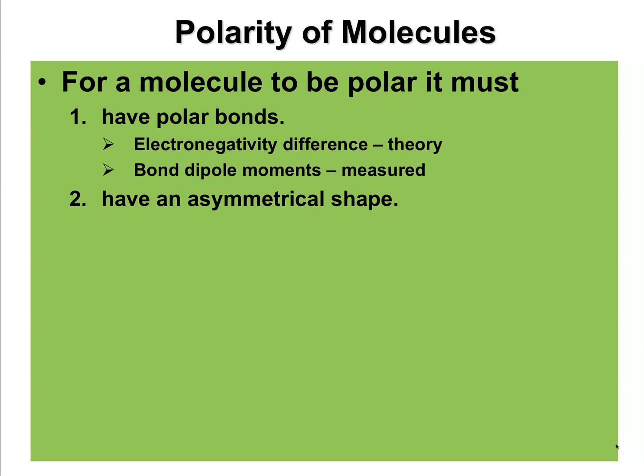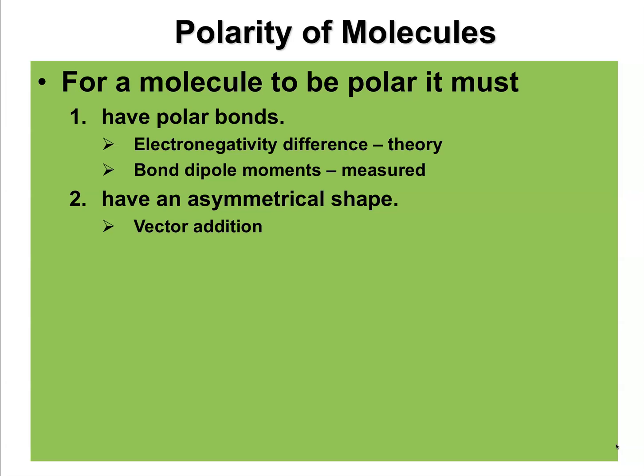Also, to be a polar molecule, symmetry plays a very big role, either being symmetrical or being asymmetrical. For our purposes here, we want to be asymmetrical in order to be polar. That asymmetry comes from the vector addition. All of our dipole moments are vectors.